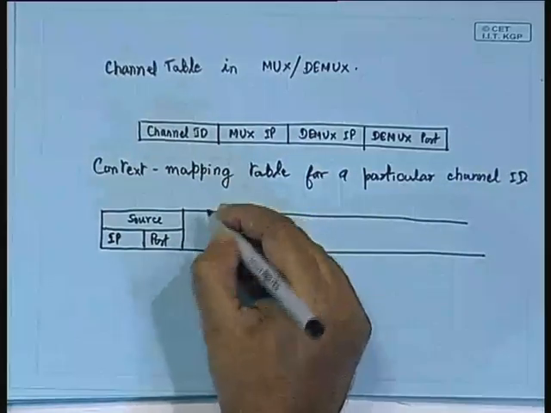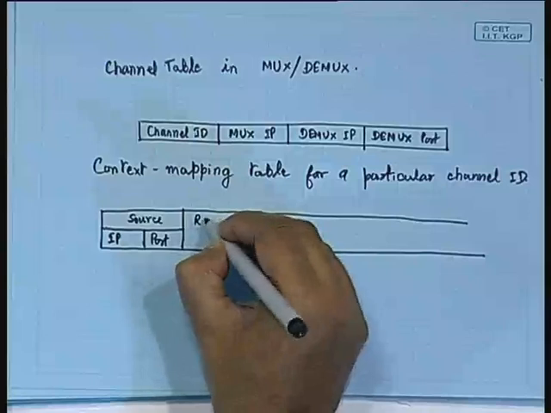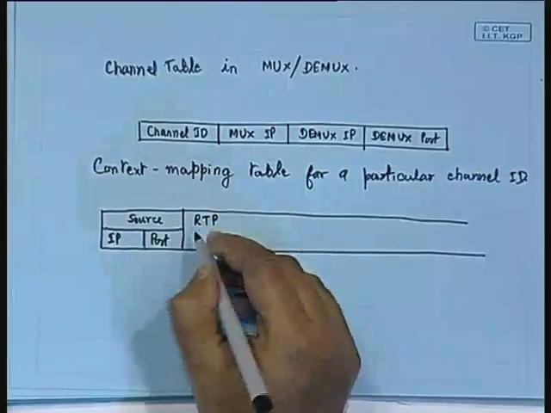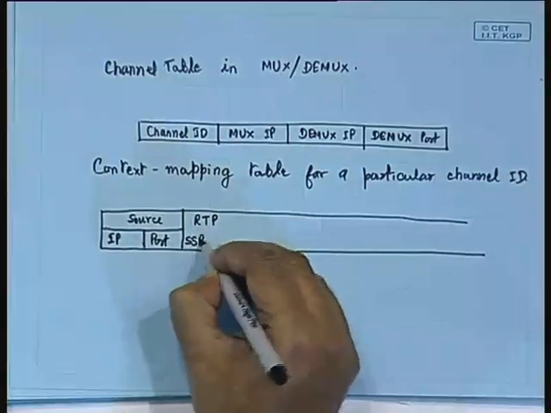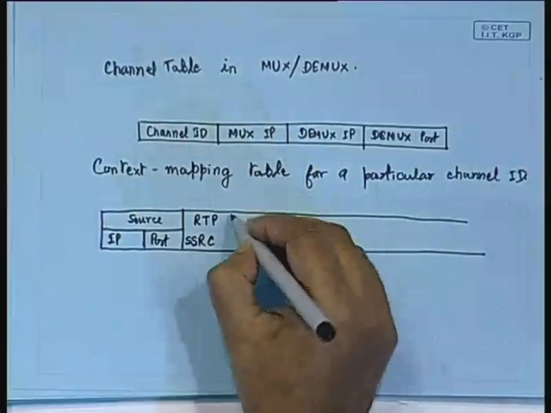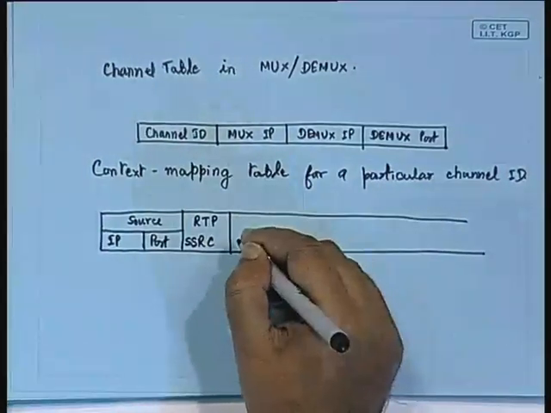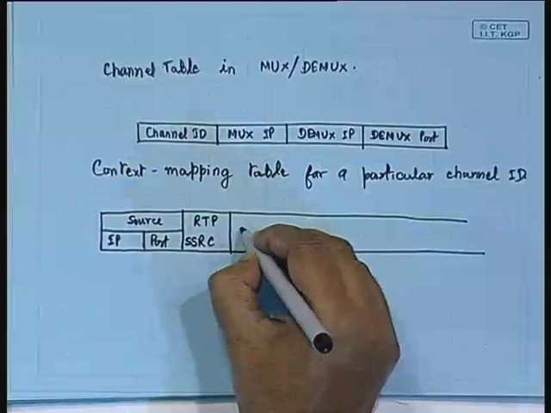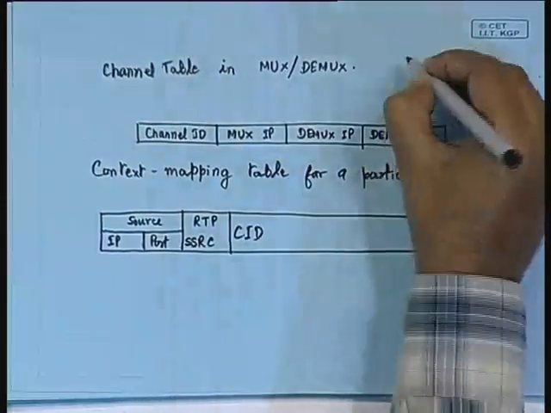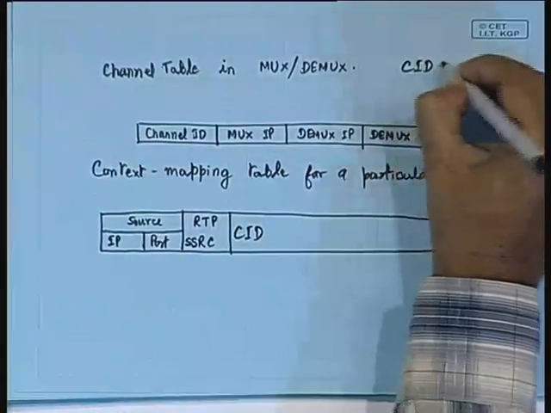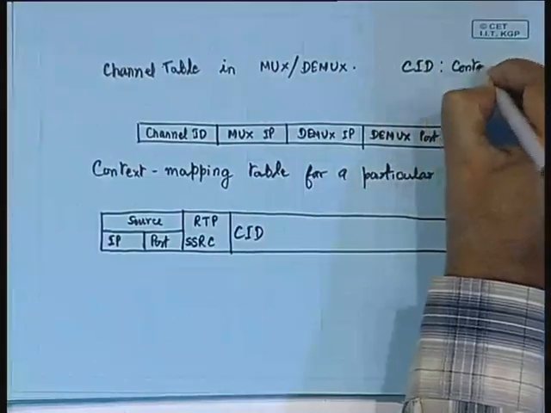Then there will be RTP's source identifier, that field is referred to as RTP SSRC. Then there will be a context identifier, CID. CID's full form is the context identifier.